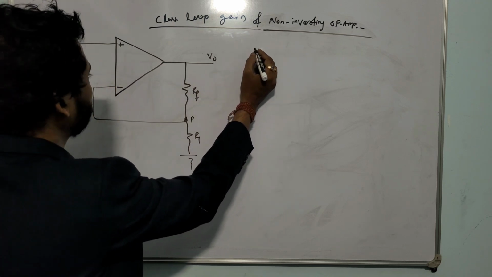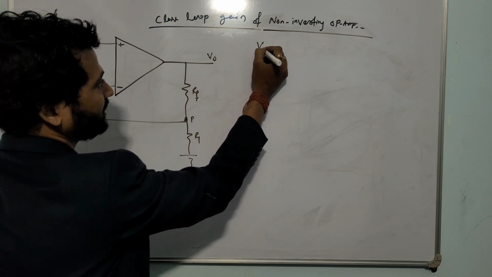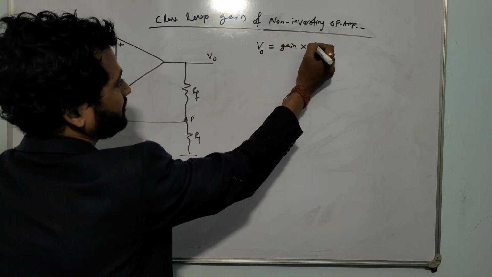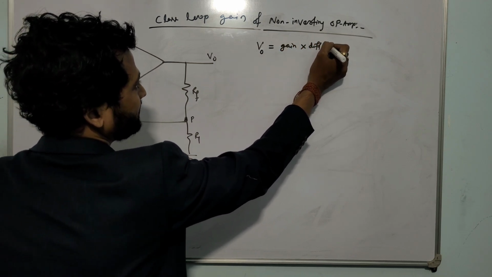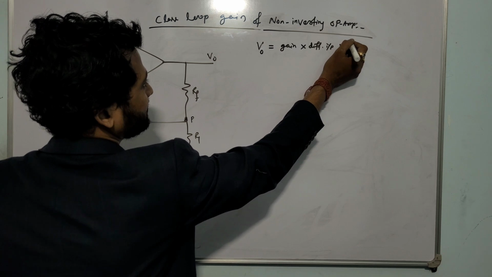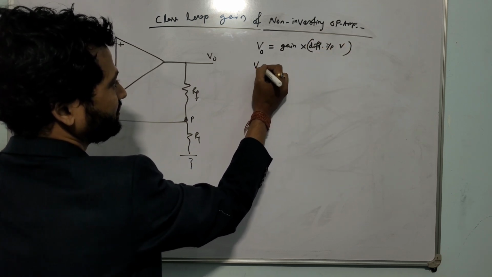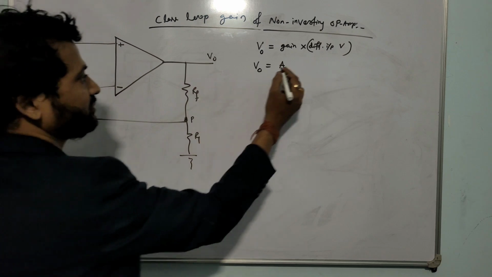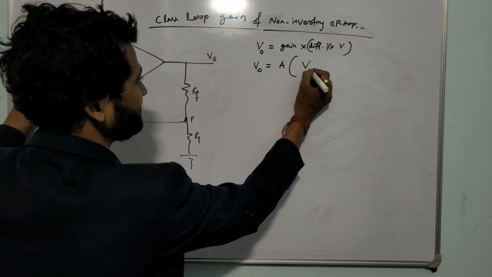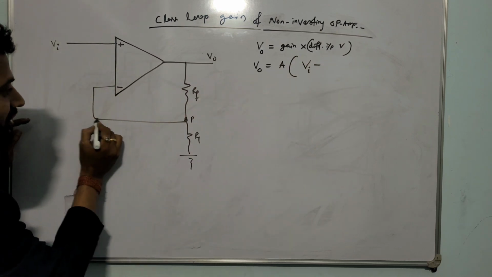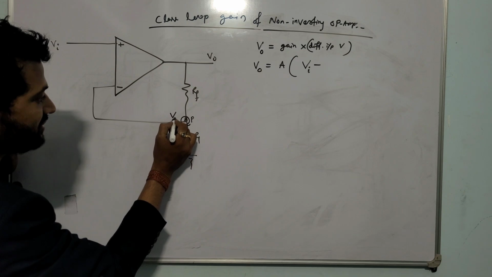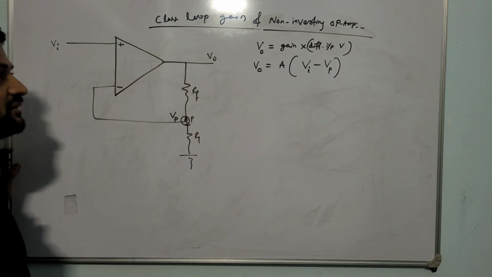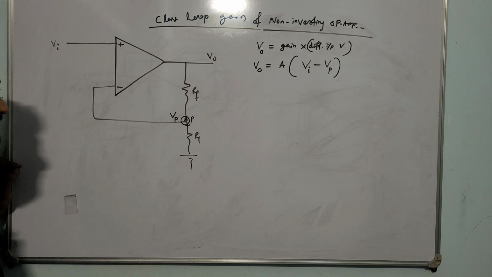You know that the output voltage is gain into the difference in input voltage, yes or no? That means V naught is equal to A times, let the gain be A. What is the difference in input voltage? This one is Vi and this one is VP, the potential here. So Vi minus VP. Clear till here?